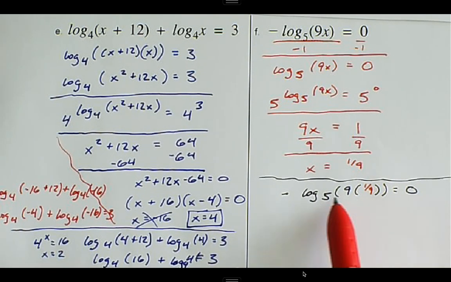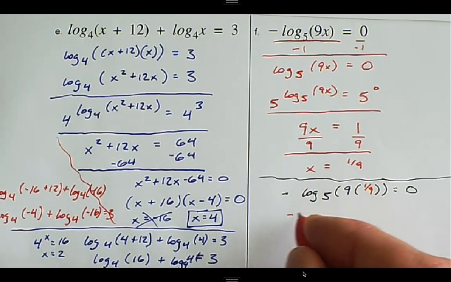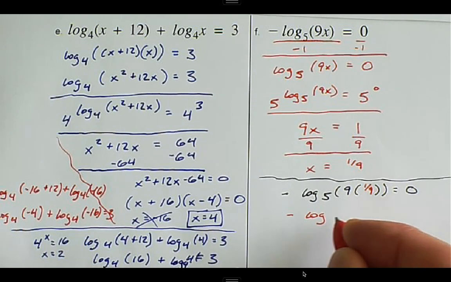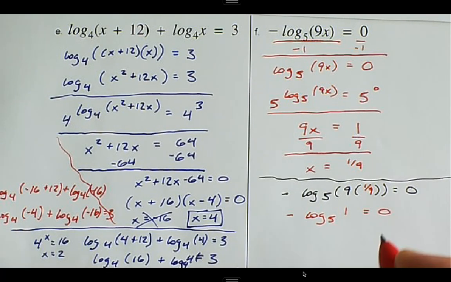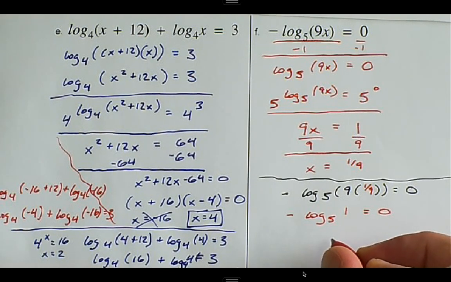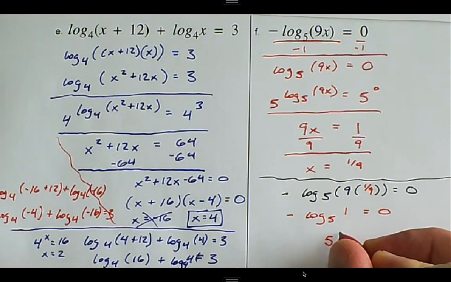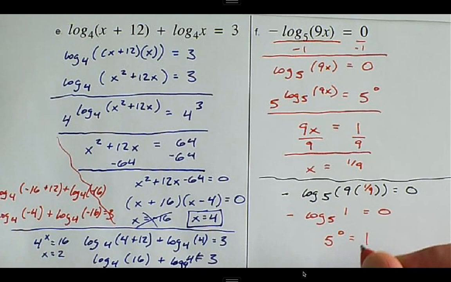So 9 times 1/9 is 1. So we have negative log base 5 of 1 is equal to 0. And if we're thinking about this, 5 to the 0 is equal to 1. And so that does work.